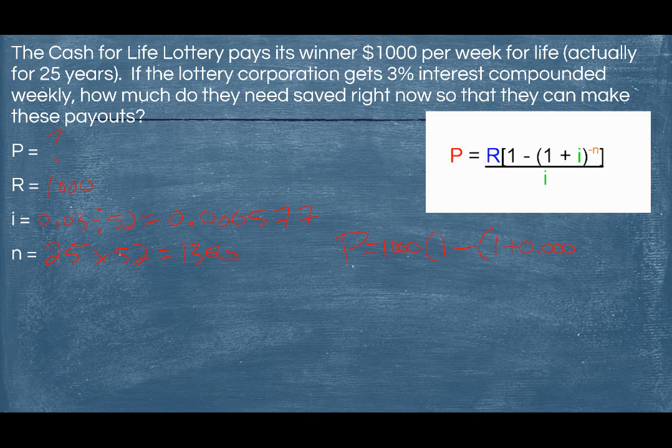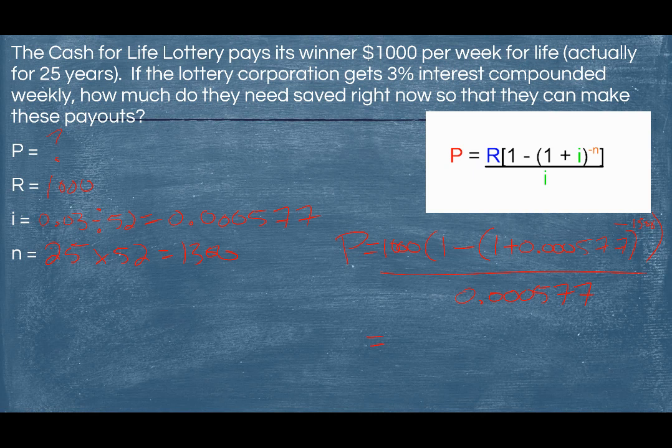Now, if you're good at scientific notation, you could write that as 5.77 times 10 to the negative 4, but I'm doing it without that. To the power of negative 1,300, close up my bracket, and it's all under the interest rate of 0.000577.